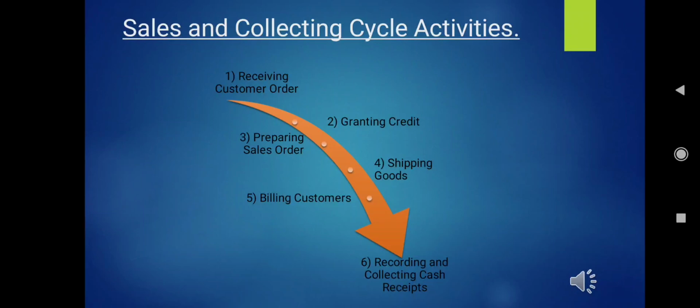After receiving customer order, the second one is granting credit. After granting credit, we go to preparing the sales order, and after we prepare the sales order, we move to shipping goods. Then for the fifth, we go to billing the customer, and the last of the sales and collecting cycle activities is recording and collecting cash receipts from customers.